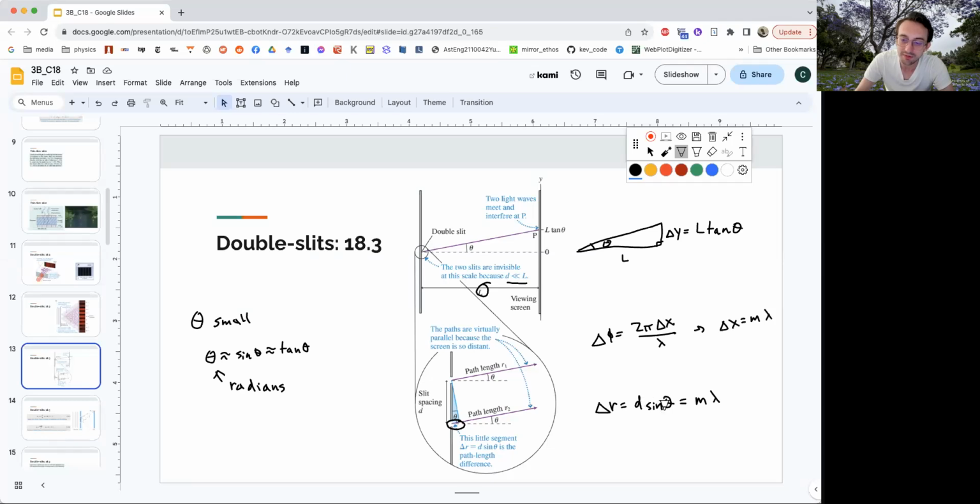Then if we assume theta is very small, this just becomes d theta equals m lambda. We can rearrange that to solve for theta, to figure out what angles theta from the horizontal would cause a bright spot on the screen. These angles are just m lambda over d. So this is where it's coming from: what we learned in chapter 17 about how to find the phase difference for interference problems.